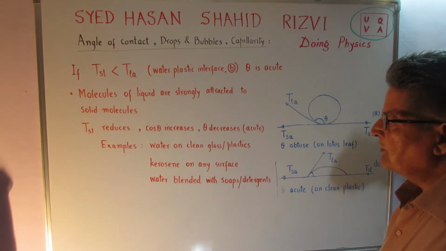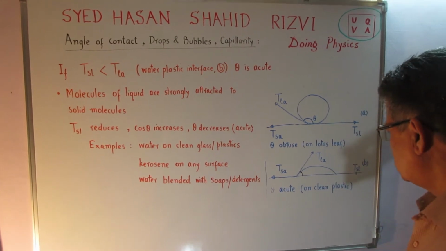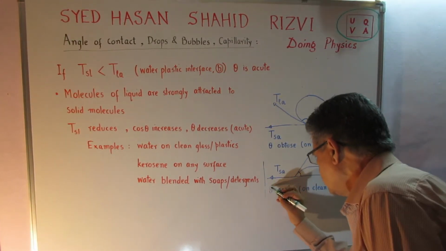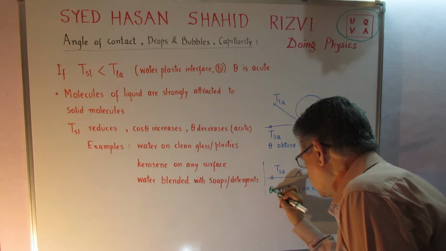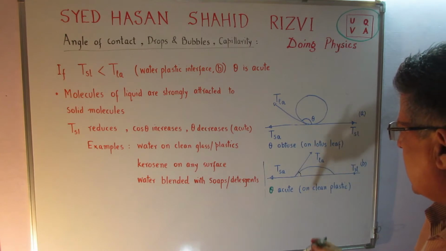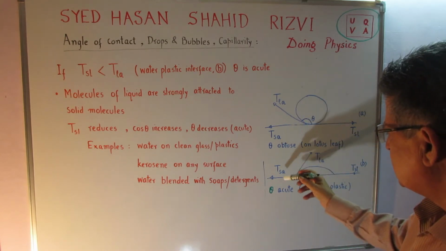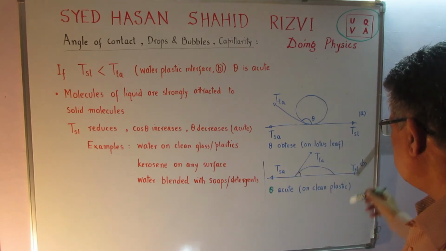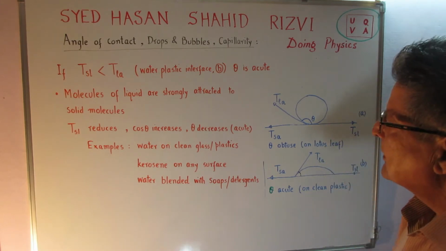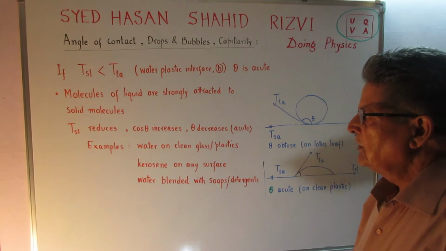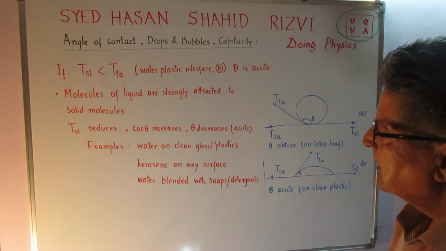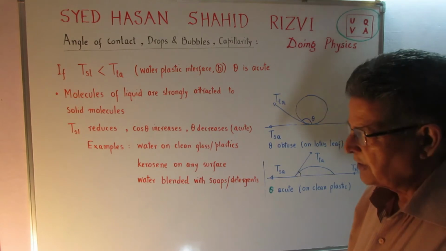So let us take the second condition, which corresponds to the figure B over here, where the theta is acute. We have TSA as the surface tension between solid and air, between solid and liquid, and between liquid and air. So T represents the amount of surface tension in newtons per meter, as I told you before.